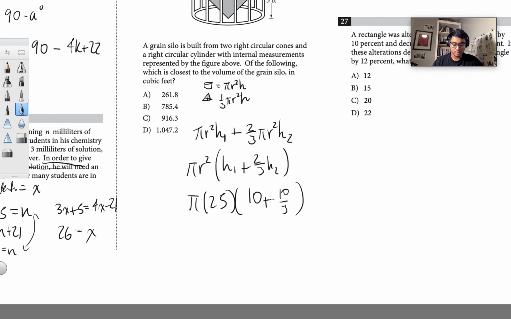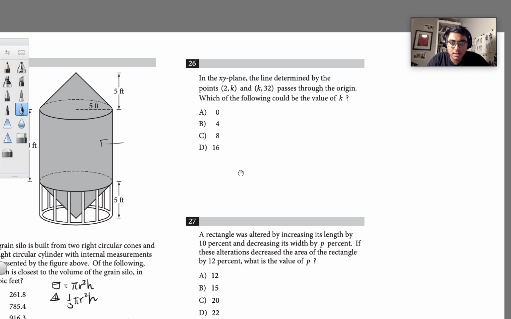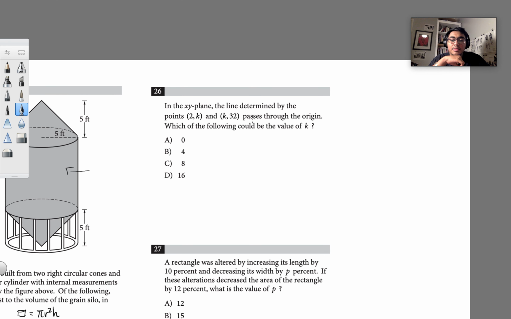So let's plug that into the calculator. Shift pi, 25, 10 plus 10 divided by 3, 1047.2. Great.